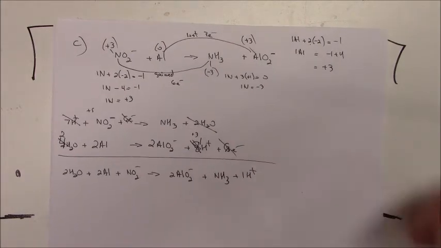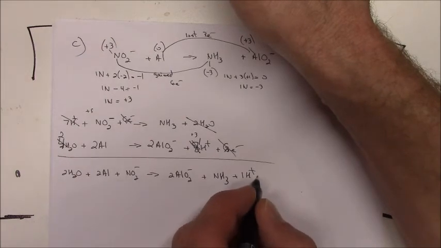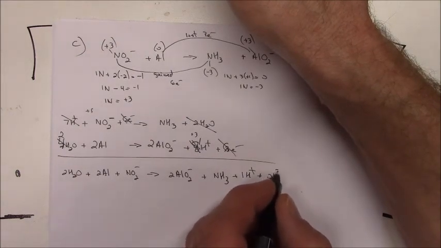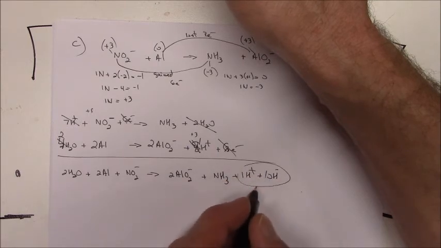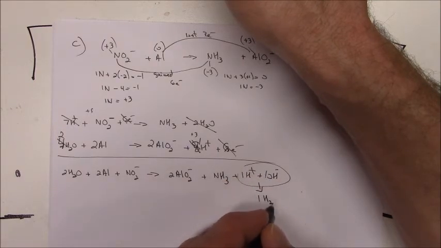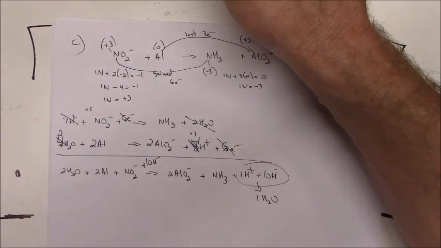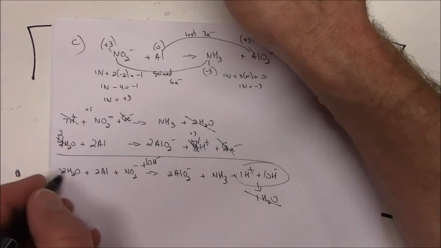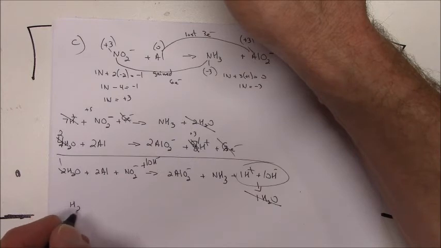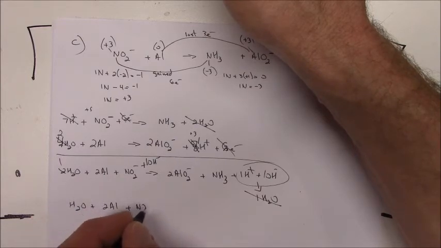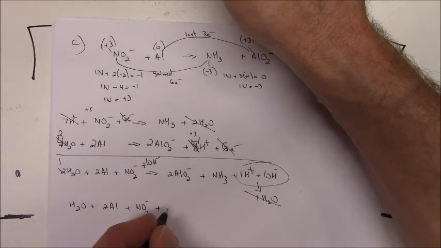We're balancing in basic conditions, so we got to kill this off with add to both sides 1 of those to make 1 H2O, but you're adding 1 OH negative to this side. So this one kills off 1 of those, so now you're left with H2O, 2 aluminum plus NO2 minus plus 1 OH negative.